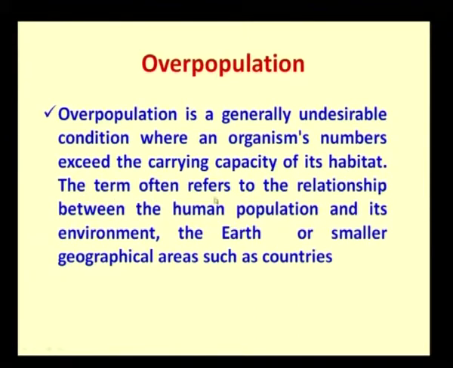The term often refers to the relationship between the human population and its environment, the earth, or smaller geographical areas such as countries. See, overpopulation leads to various problems like scarcity of space to live, scarcity of water, scarcity of food, and lack of proper health and malnutrition.